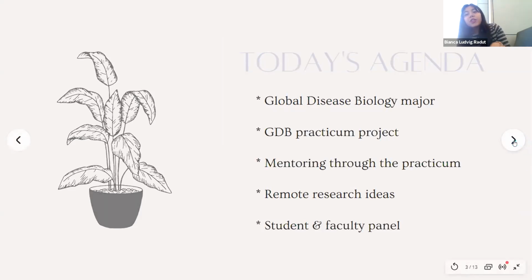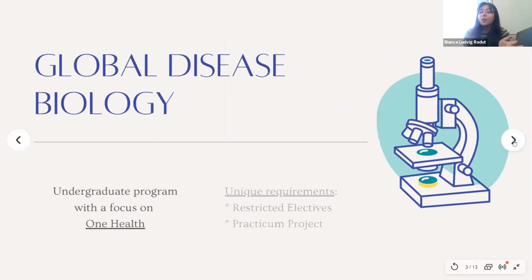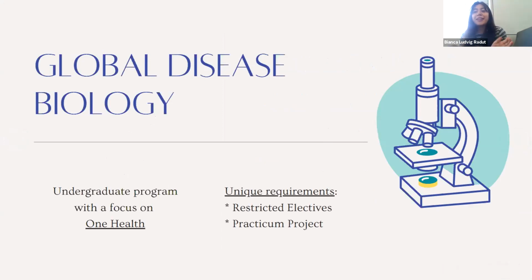Alrighty, so for starters, what is the global disease biology major? I like to always say that it's one of a kind in the whole world because it's an undergraduate program that's focused in One Health, this concept of One Health, which I'll explain in a little bit. There are two unique things that make this major special compared to other majors on campus.